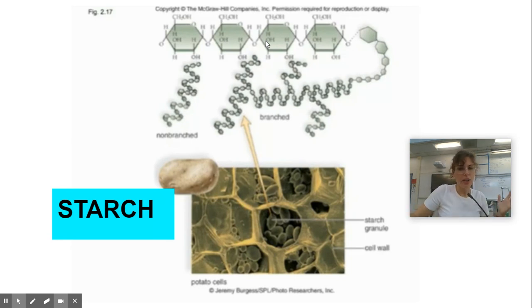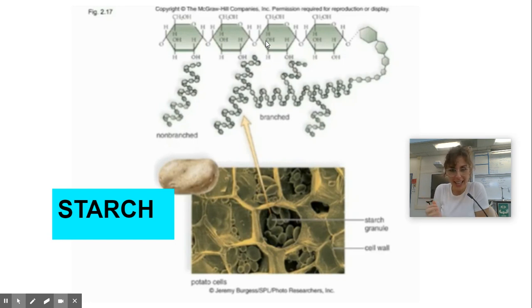And also let's remember, what is the process to make those sugars in the first place? Did you say photosynthesis? Yes. Okay. So that's how they make all their sugars. And then they can store any of those excess sugars as this polymer called starch. And they store that within their plant cells.